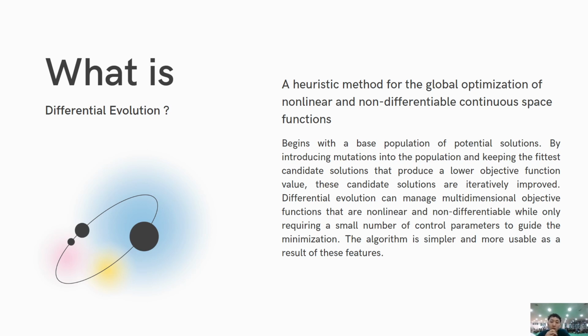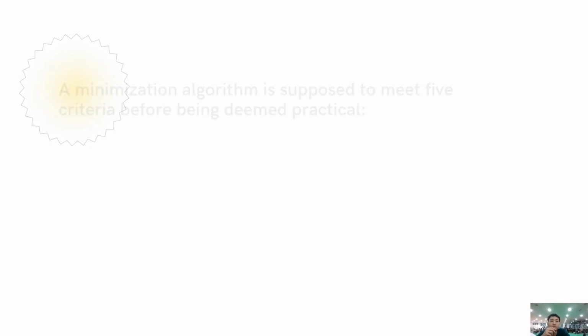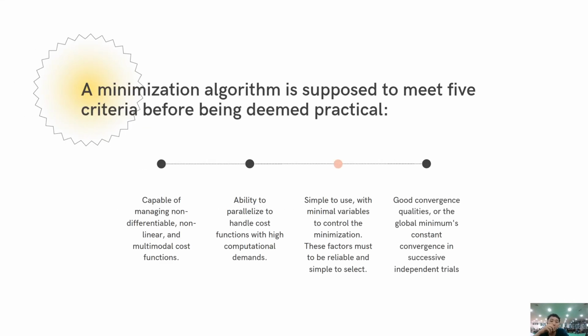Differential evolution can manage multidimensional objective functions that are nonlinear and non-differentiable, while only requiring a small number of control parameters to guide us to the minimization. The algorithm is simpler and more usable as a result of these features. And a minimization algorithm is supposed to meet four criteria before being deemed practical.